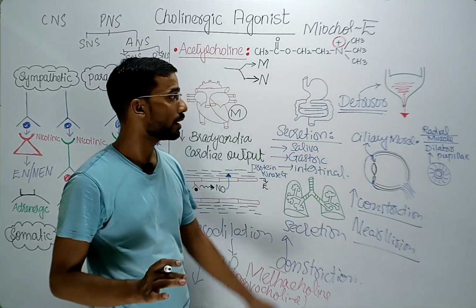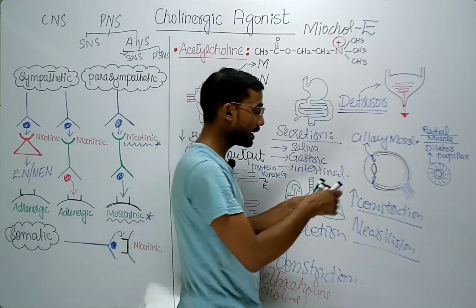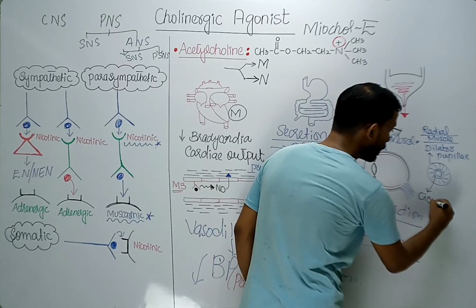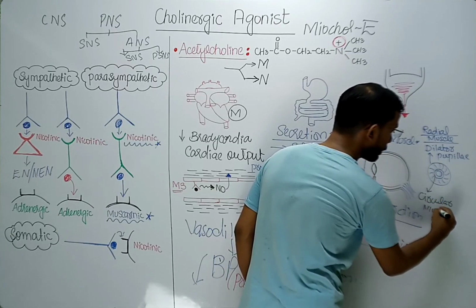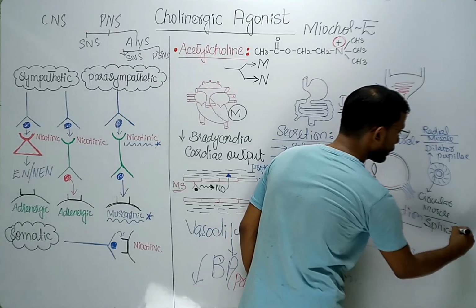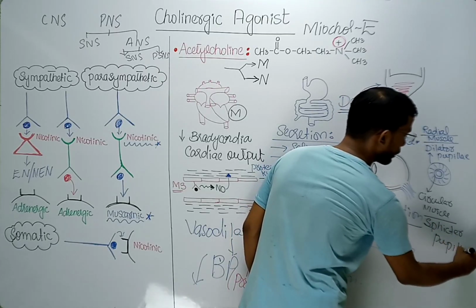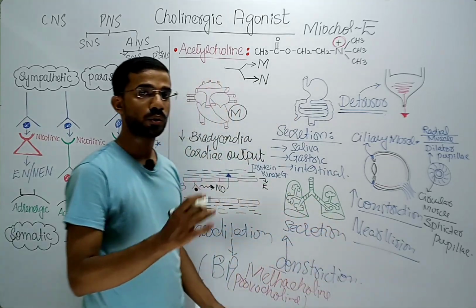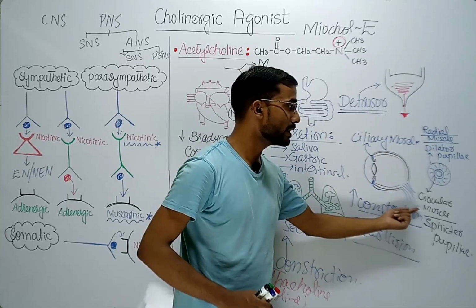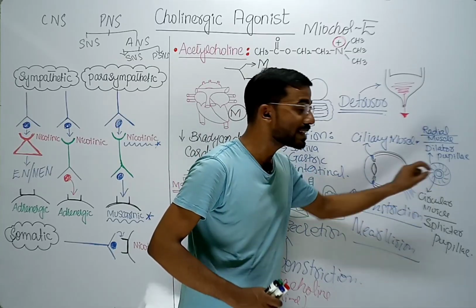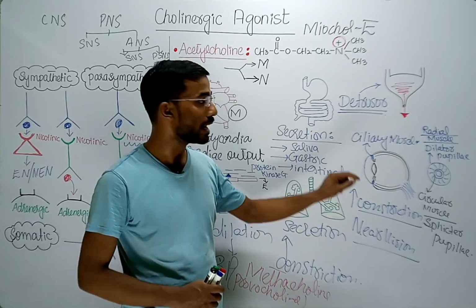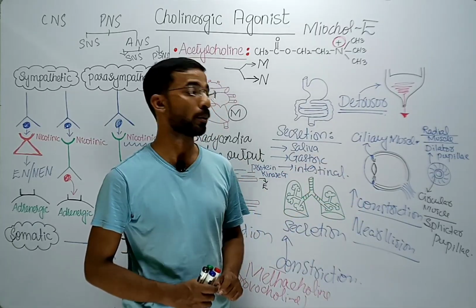Next, inside you will see circular muscles, or you can say sphincter pupillae. These are the two types of iris muscles, radial and circular. And at the center you will see the presence of the pupil. Around it you will see the iris muscle, and at the center the opening will be the pupil.